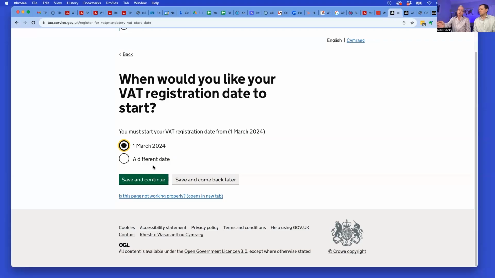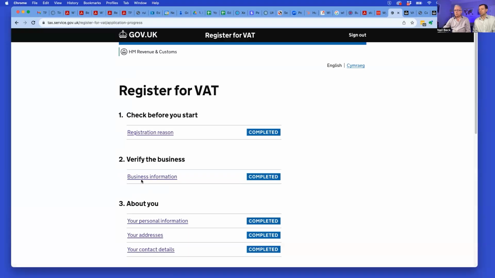You can claim the VAT back on that service within 6 months prior to registering for VAT. So we'd be able to go back to the 1st of September 23 for services and go back to March 2020 for assets.